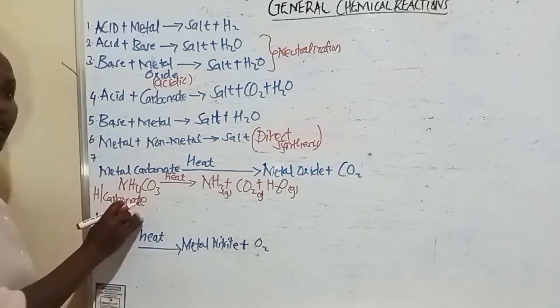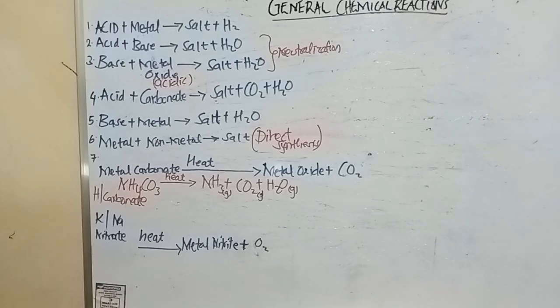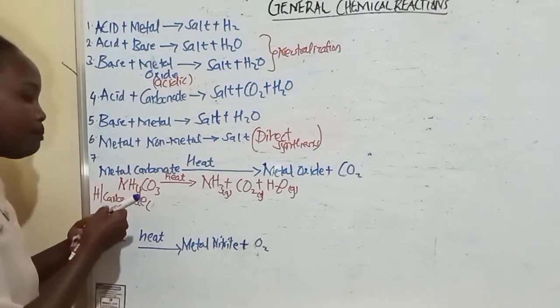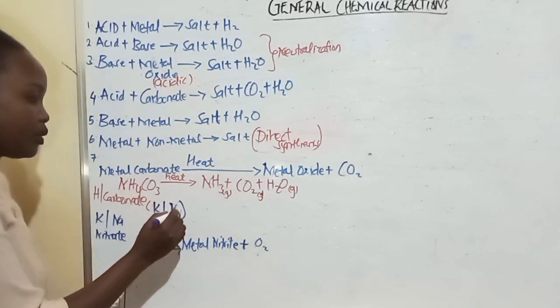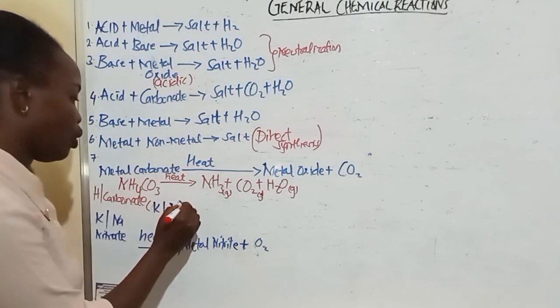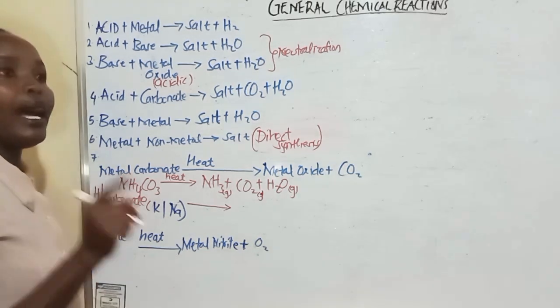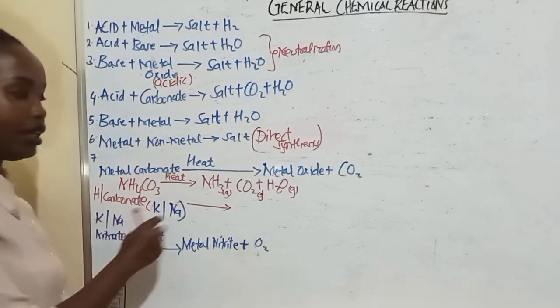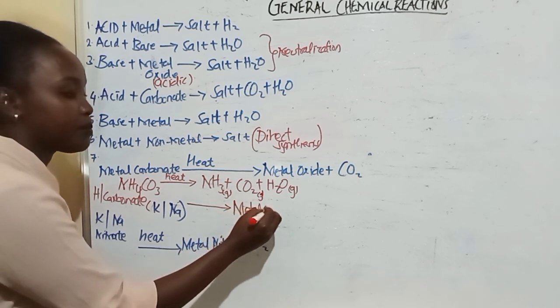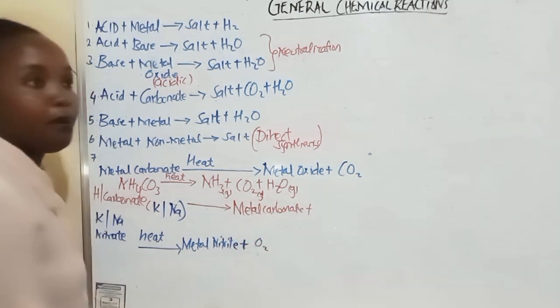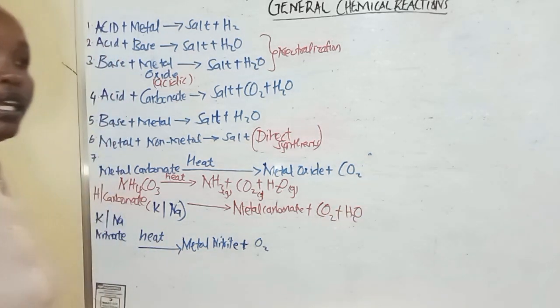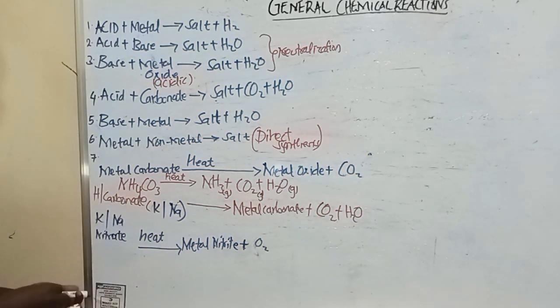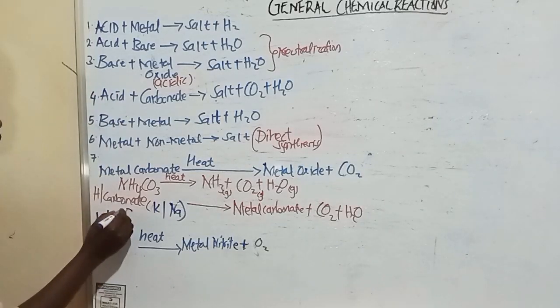When you heat hydrogen carbonates of metals which are high in the reactivity series, these include the hydrogen carbonate of potassium and the hydrogen carbonate of sodium, you're going to form a metal carbonate plus carbon dioxide and water.